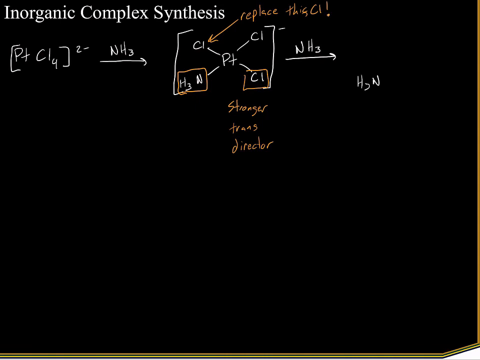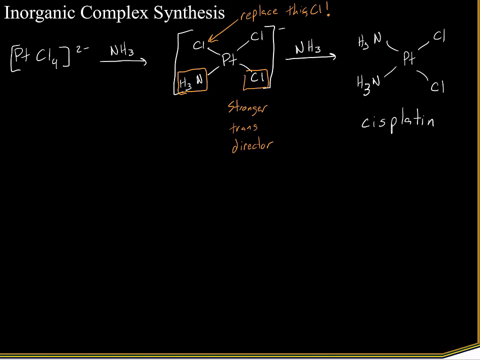If we're treating this with excess ammonia, because the chloride's a stronger trans director, we would prefer a substitution that is across from a Cl than one across from an NH3. And so now we've actually gotten to our cisplatin complex.